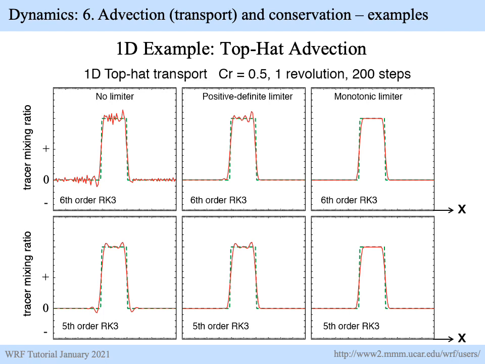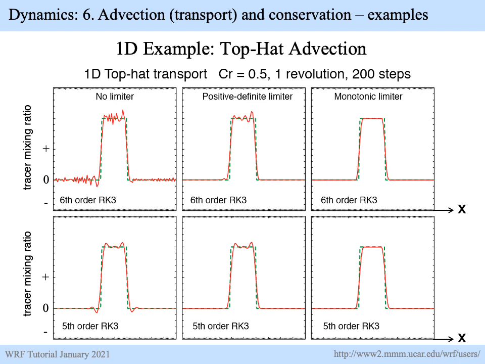It goes out the right boundary, comes back in the left boundary, and goes right back to where it was initially. There's a constant wind speed here, so the solution at time 0 and time capital T, the end of going around one time, should be exactly the same, and the green dashed lines depict it.